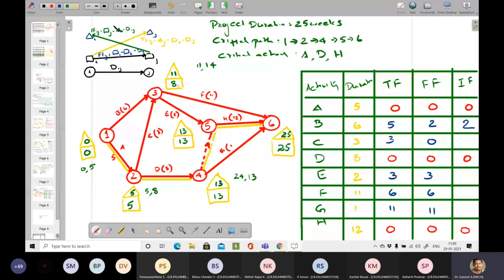Second one it is 8 minus 5, 3 minus 3, it is 0. For activity E, 13 minus 11, that's 2, 2 minus 2, it is 0.